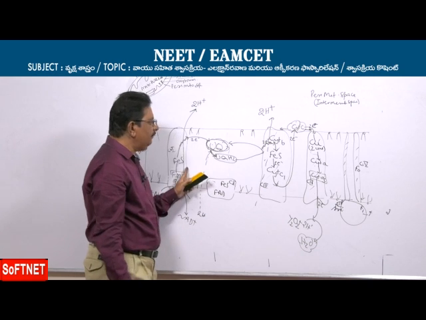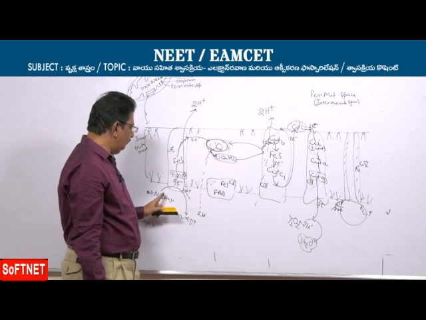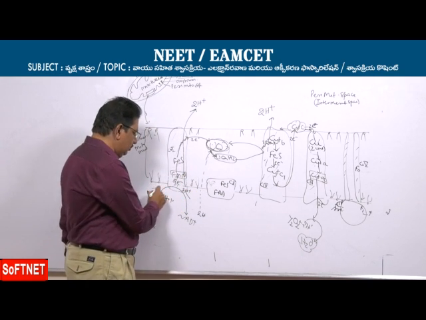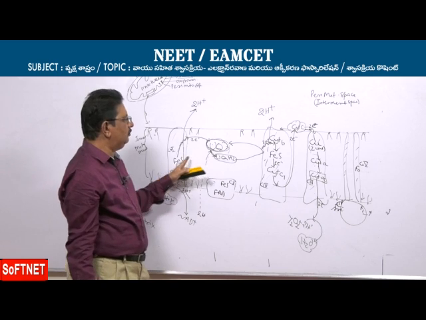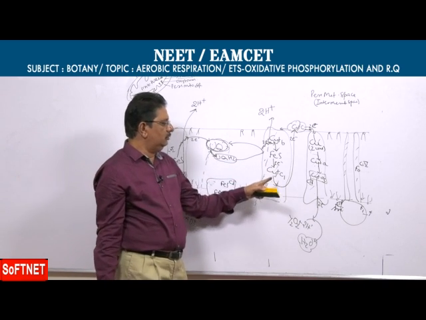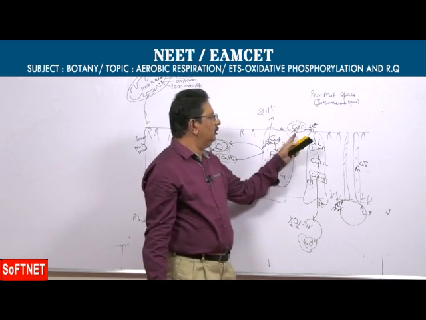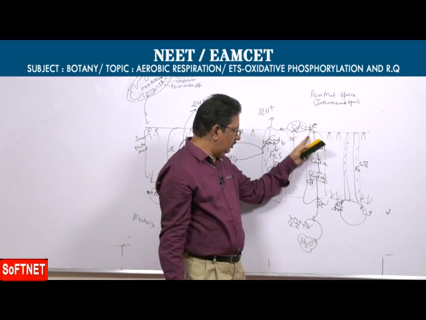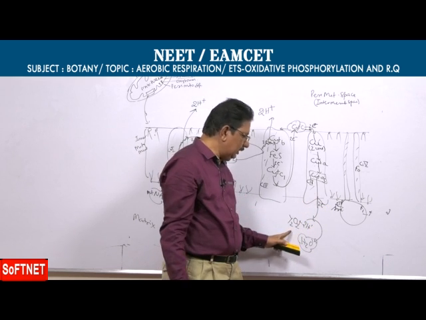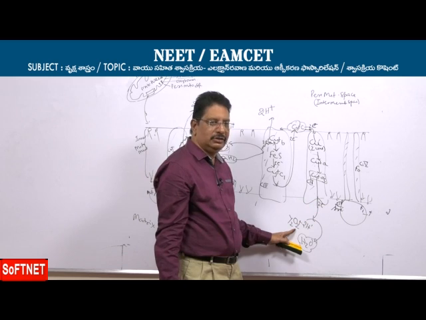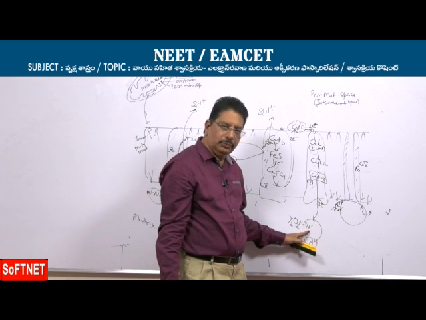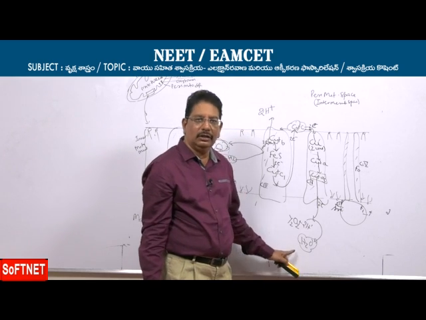So, there is a journey of a pair of electrons from mitochondrial NADH via complex 1, ubiquinone, complex 3, cytochrome C, complex 4, finally the ultimate electron acceptor oxygen, which reacts with the 2 protons and forms water.